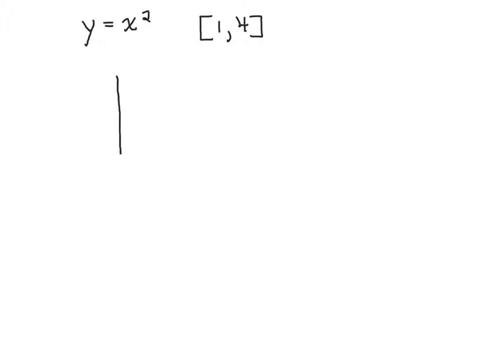And of course, a quadratic is smooth and continuous. So when x is 1, y is 1, right, because we square 1. And then we have 2, 3.